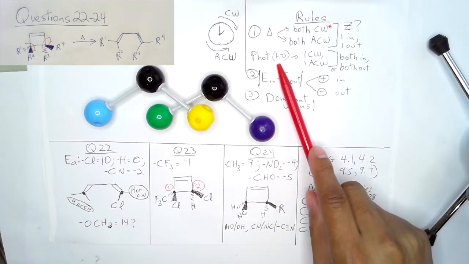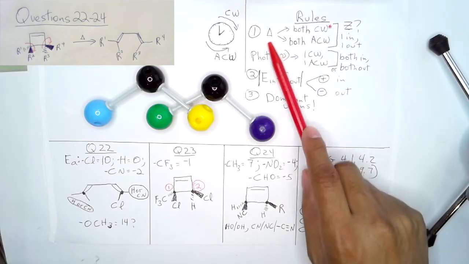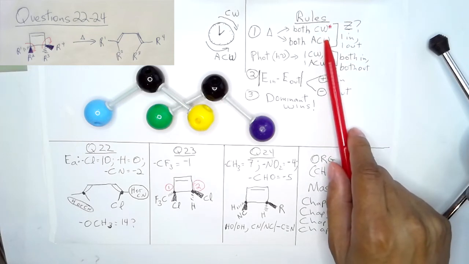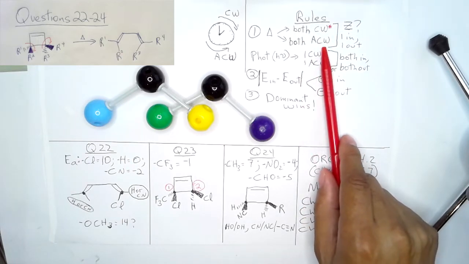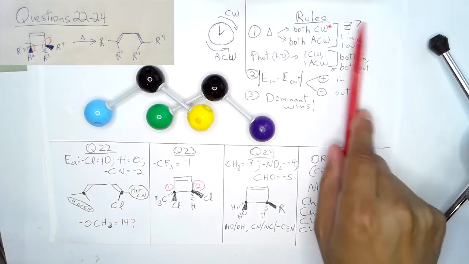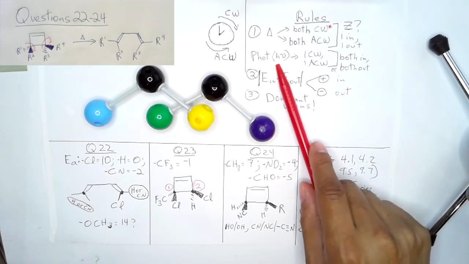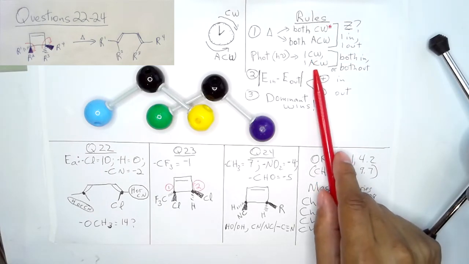And so according to the unit, if you do it thermally, then both R groups move clockwise, and this is the example provided in the unit, or both can move anti-clockwise. And we'll discuss this in a couple of minutes. And then photochemically, one R group rotates clockwise and the other R group rotates anti-clockwise.